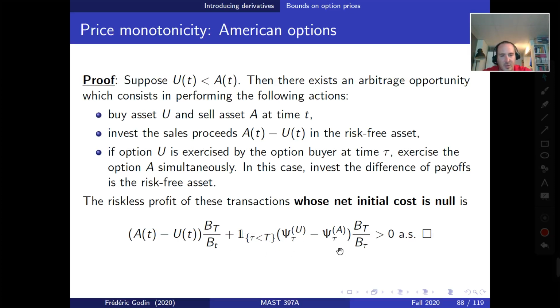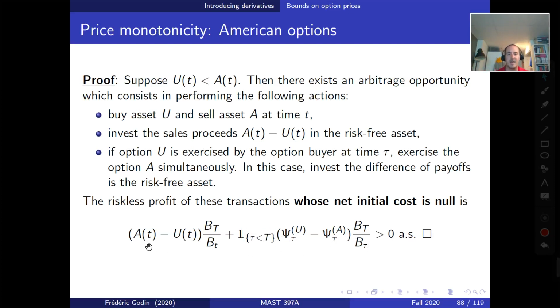times the difference of payoffs from both options, because we said that as soon as option A is exercised at time tau, then you do exercise option U and you receive its payoff at the same time, times the interest rate accrual factor between tau, the time of the exercise, and the maturity date of the option. And we see that if the option is never exercised, this term just becomes 0 because of the presence of this indicator.